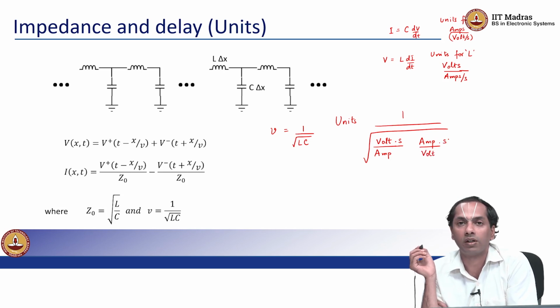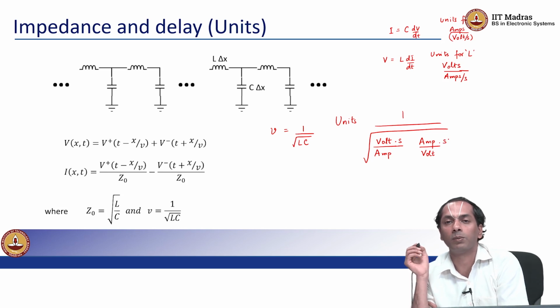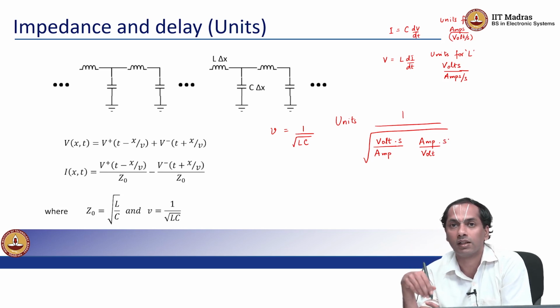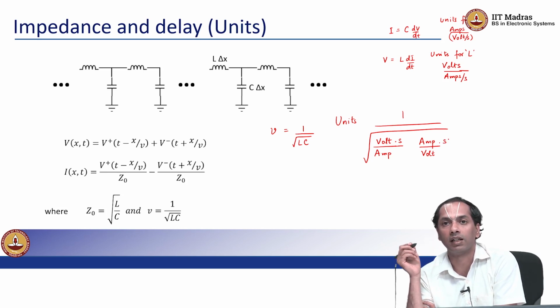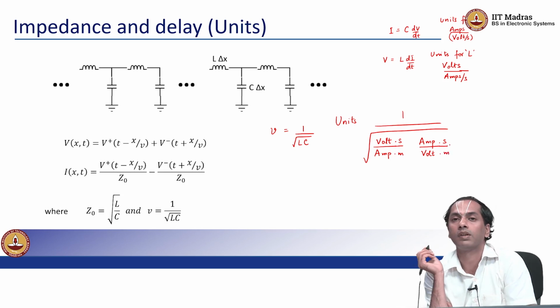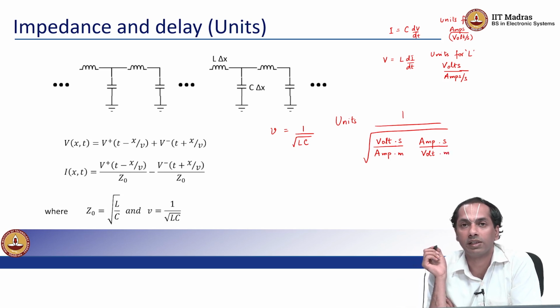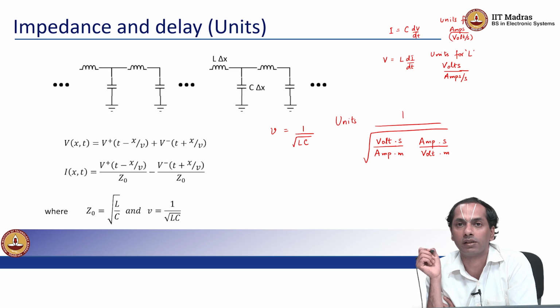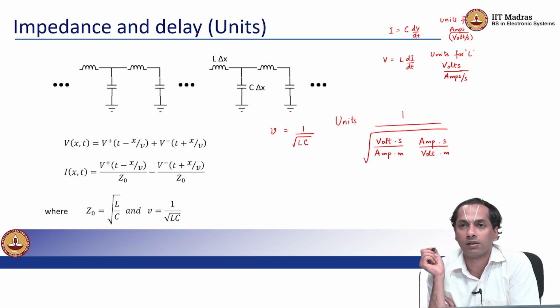Some of the astute audience must have caught me: remember L and C here are per unit length, so we'll also have a per meter. So it's not just henries, but henry per meter, and similarly farad per meter.